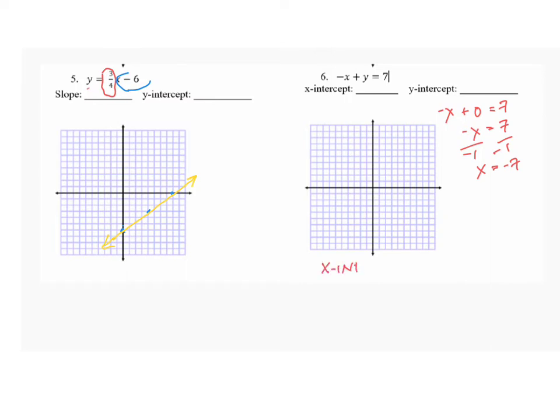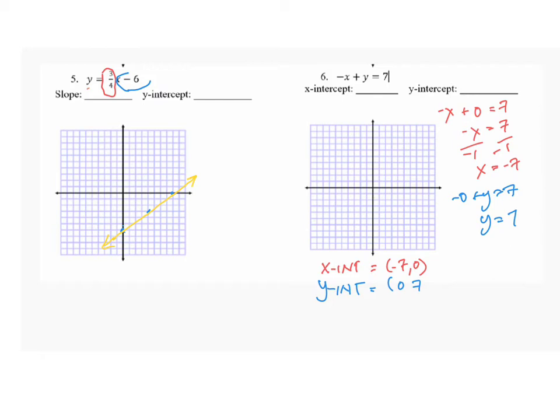X-intercept equals -7, 0. The y-intercept, well, I just put in a 0 for x plus y equals 7. So that means y equals 7. So the y-intercept is 0, 7.